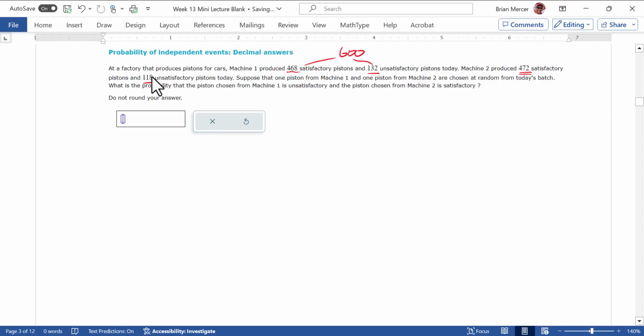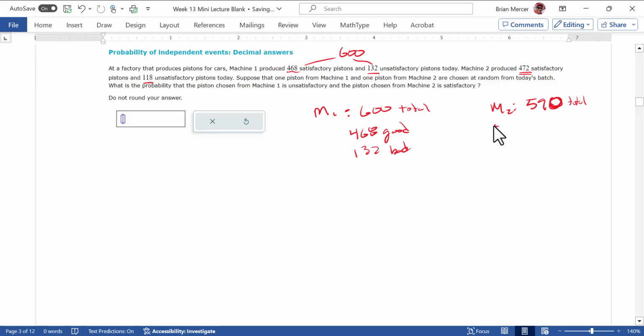And if you add those two together, so machine 1 produced 600 total. 468 were good, and 132 were bad. And for machine 2, adding those two together, 472 and 118, that's 590 total.